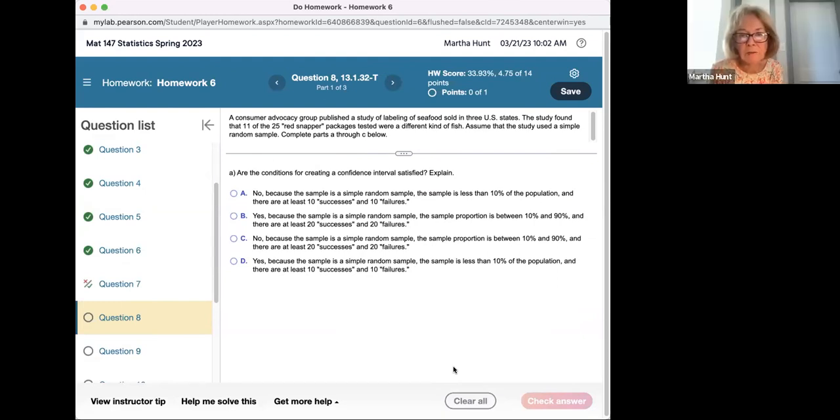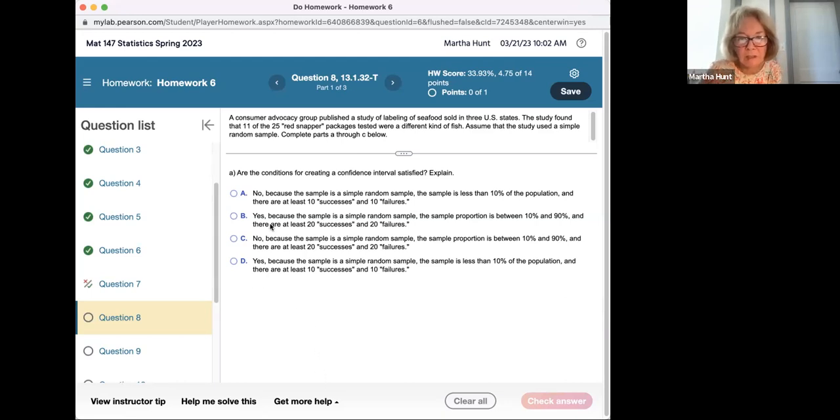Consumer advocacy group labeling seafood. Now they tell us 11 out of 25 were tested a different kind of fish. Are the conditions met?